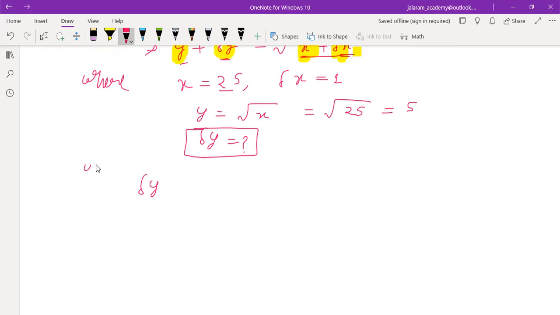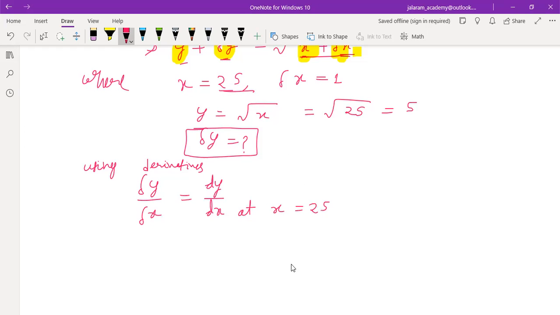Delta y using derivative. Delta y by delta x, when delta y and delta x are very small, will be equal to dy by dx at x equals 25, as we have assumed.